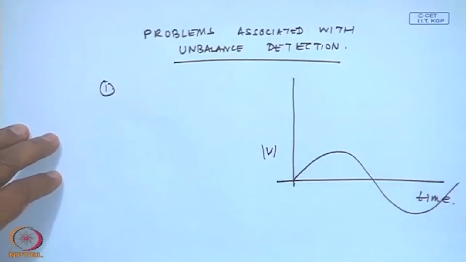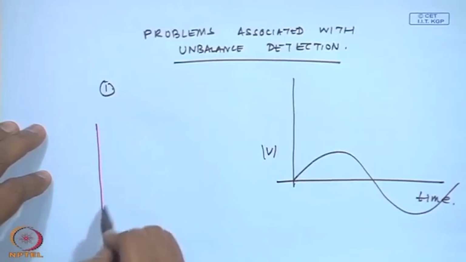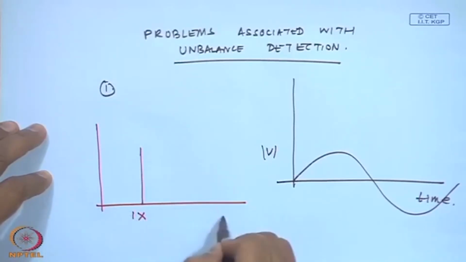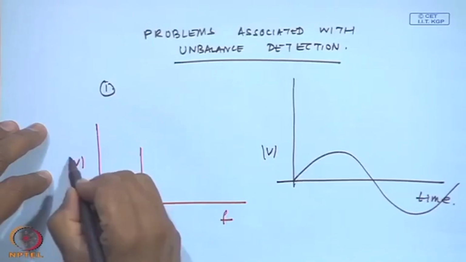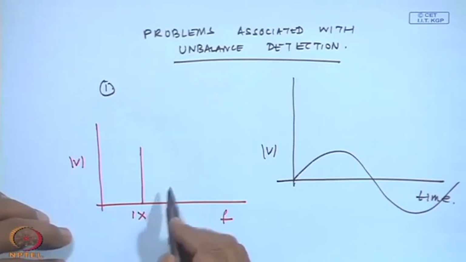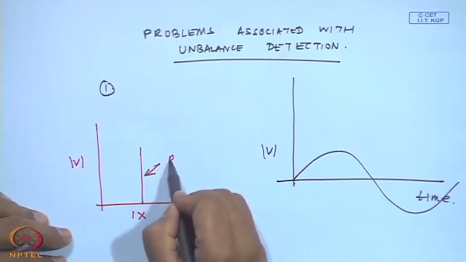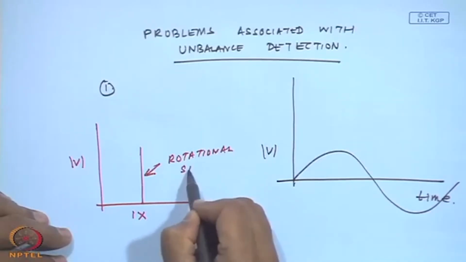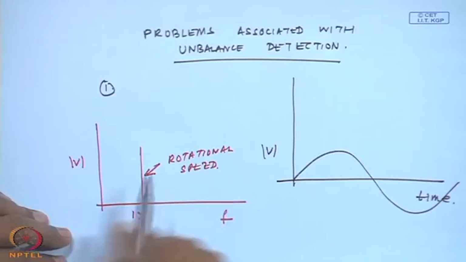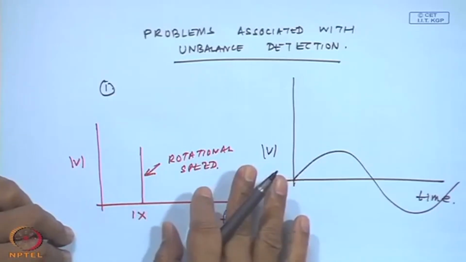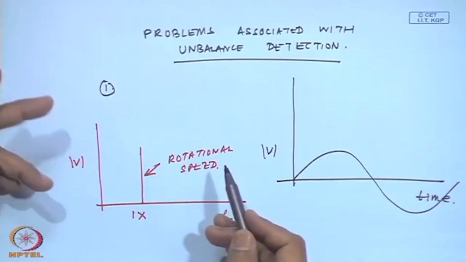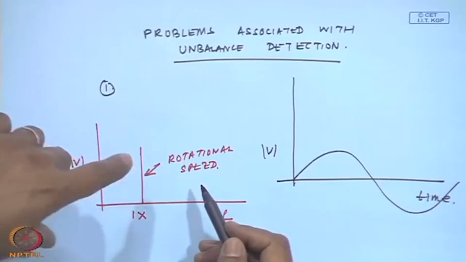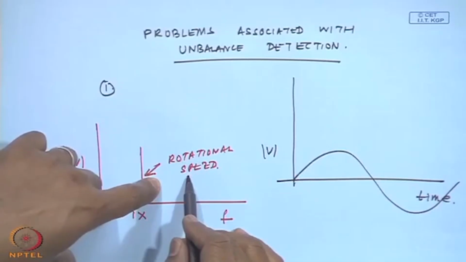If I look at it in the frequency spectrum, I will always get a 1x component, and this is because of the rotational speed. But think of it, any machine has to rotate at its rotational speed, and so in any vibration measurements I am bound to get this rotational speed in the spectrum.